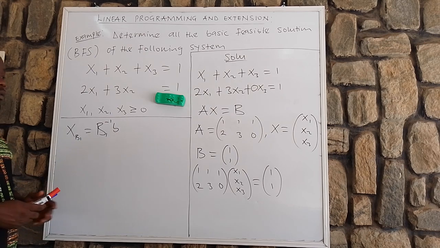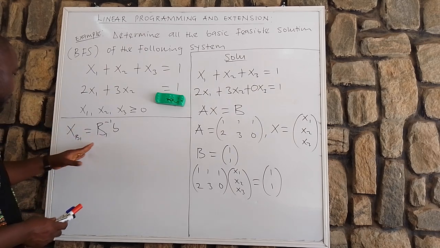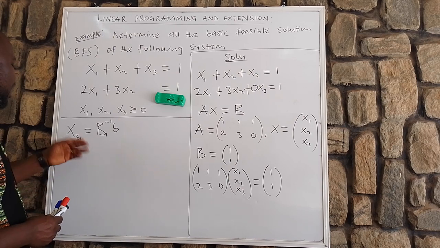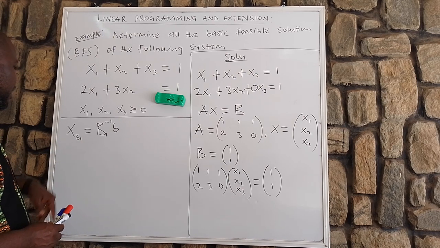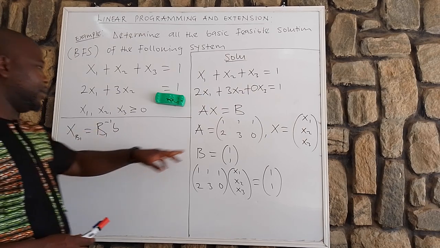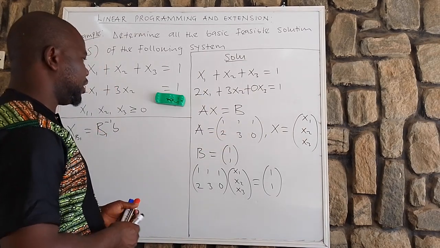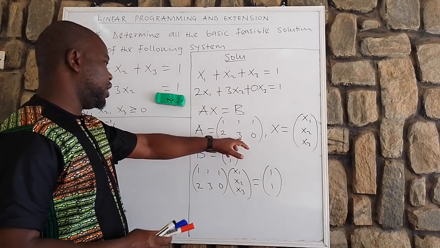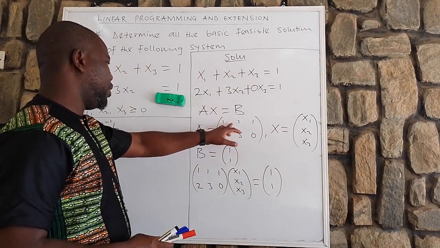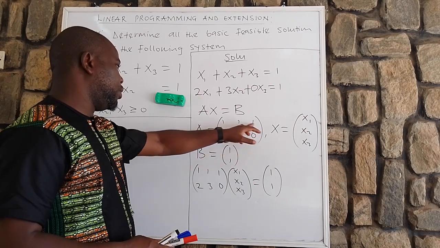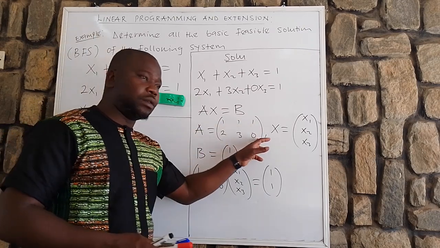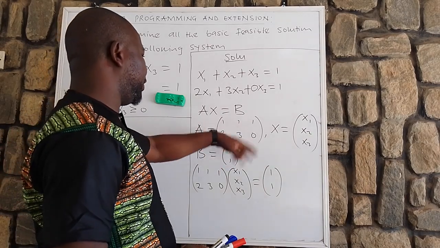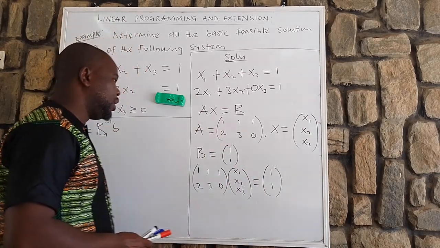This is how we are going to do it; we are going to make use of this formula. But how can we get our B1 from this matrix? It means from this matrix A, 1, 1, 1, 2, 3, 0, we are going to obtain our B1, B2, up to B3.